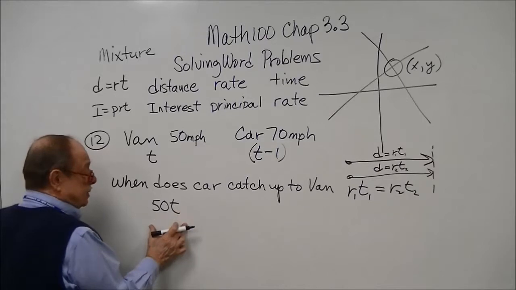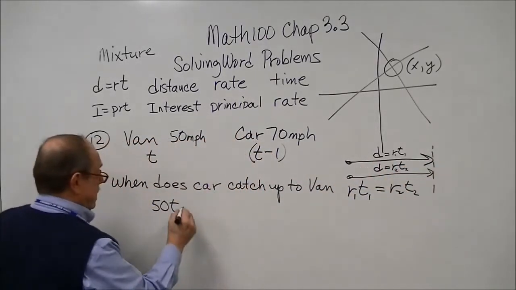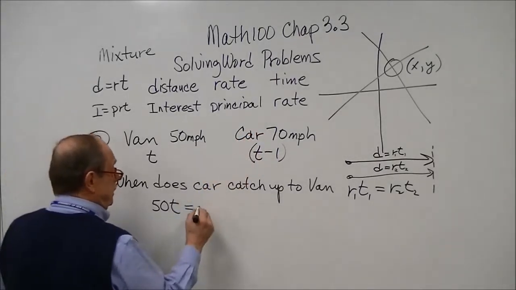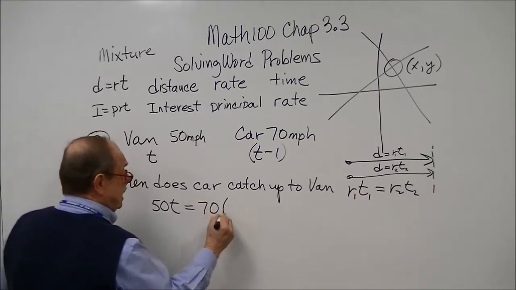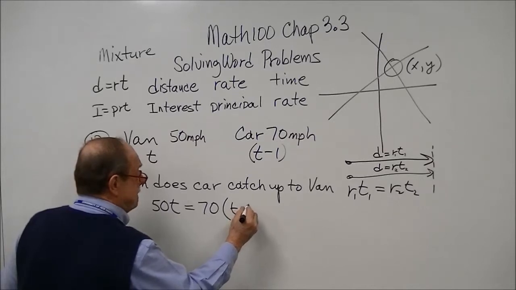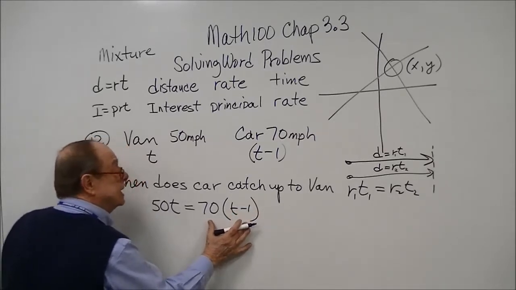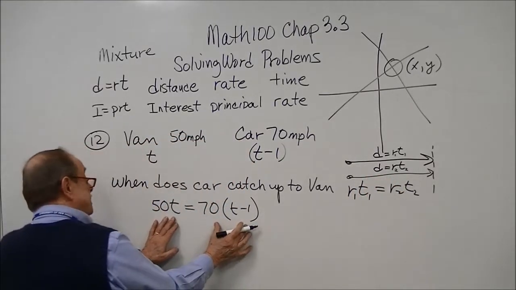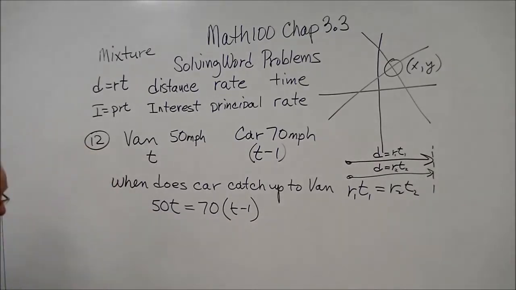This stands for a certain amount of distance. And that's going to equal the car that is traveling at 70 miles per hour and doing this time. Have to put it in parentheses, because this represents this distance and this distance is the same as this distance. So there's our equation.